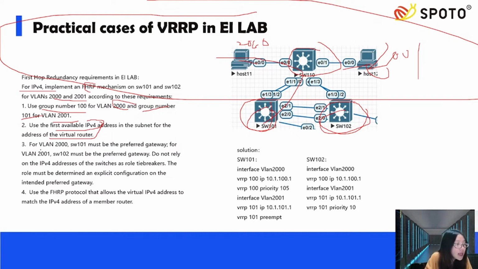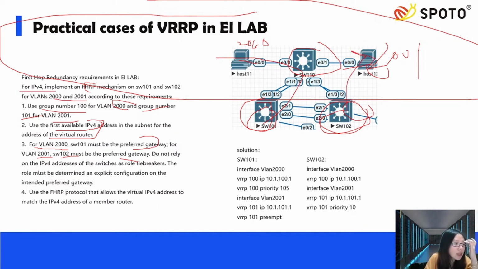For VLAN 2000, switch 101 must be the preferred gateway. For VLAN 2001, switch 102 must be the preferred gateway. These are the gateways of host 12.